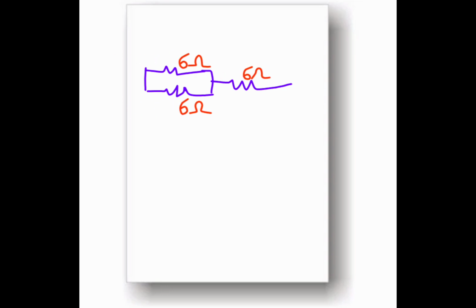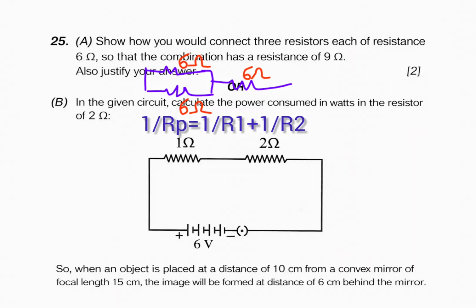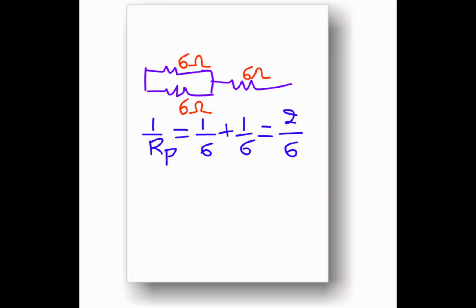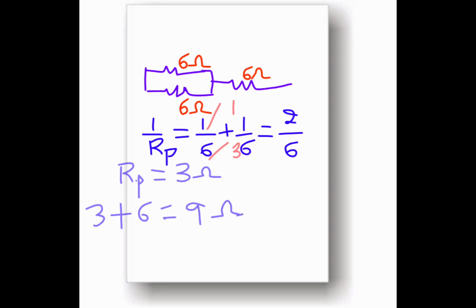Now you know the parallel combination formula. 1 by Rp is equal to 1 by R1 plus 1 by R2. Now substitute the values. R1 is 6 ohm, R2 also 6 ohm. 1 by 6 plus 1 by 6 gives 2 by 6. Now 1 by Rp is 2 by 6, then Rp becomes 6 by 2.